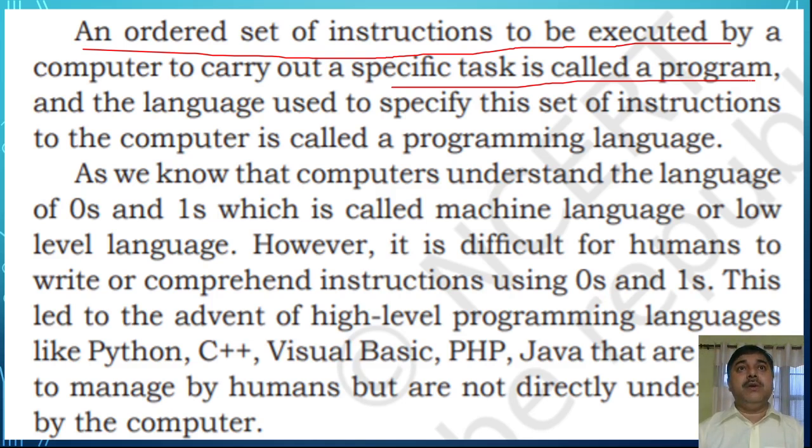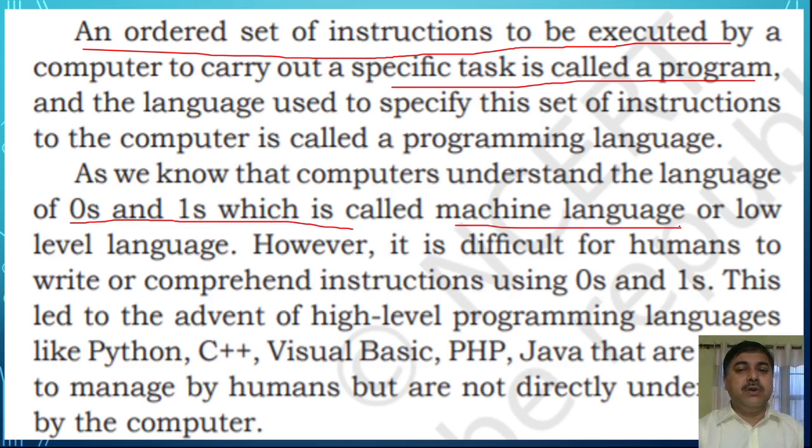With all this arrangement of programming languages, we find that our computers, the different types of machines we are using, understand one thing that we have read many times, and that is zeros and ones. So this is called machine language.